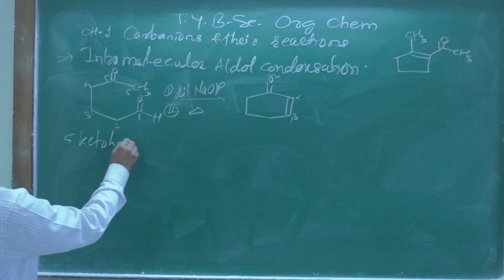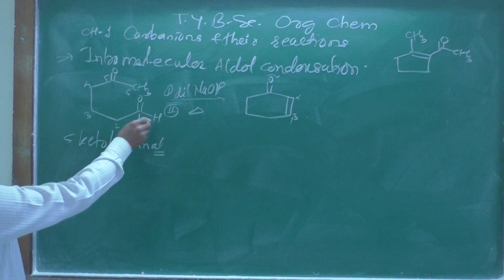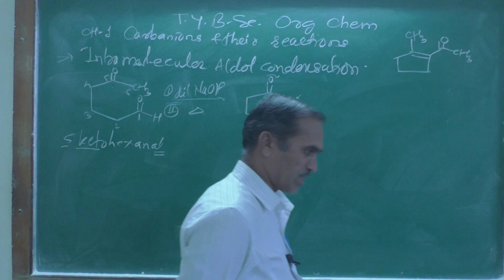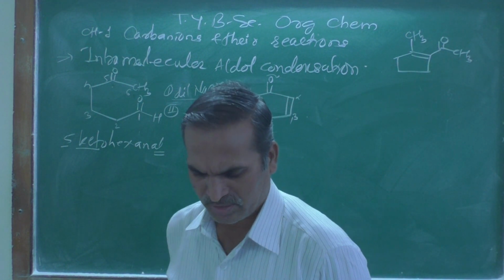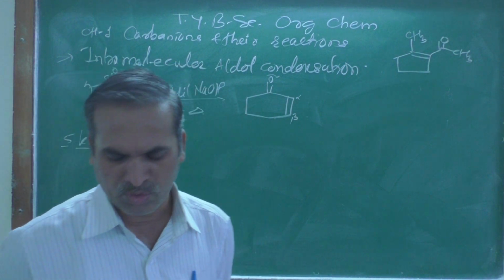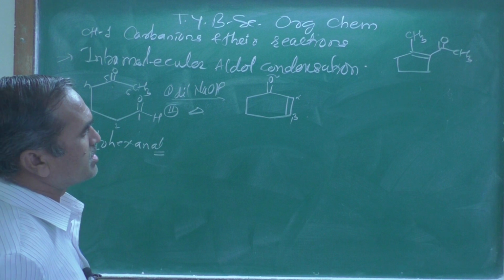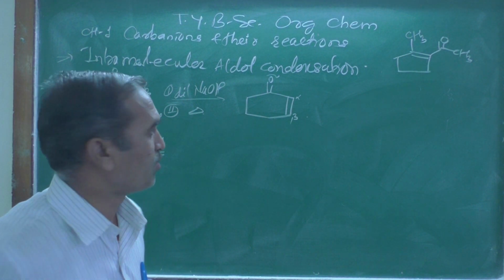5-keto hexanal. AL indicates an aldehyde group. 5-keto, at the 5 position, is a ketone group, and that's why it is keto, and the name given to that compound is 5-keto hexanal. And we are getting an alpha beta unsaturated compound, which is cyclohexene-3-one.